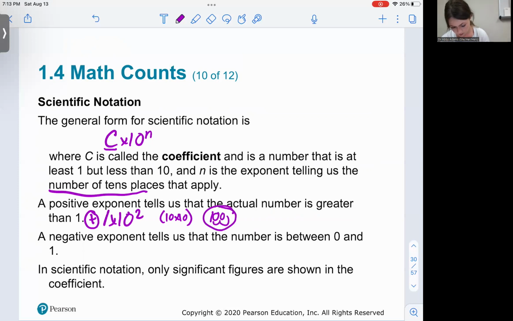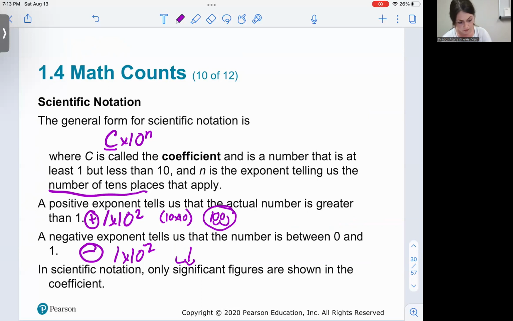100, okay? You're moving the decimal twice for that coefficient number. So that's 100. A negative exponent tells us that the number is between 0 and 1. So let's see, you have 0 times 10 to the 2. So here you have the 1. You know, the decimal is really always right here. So 1, 2.